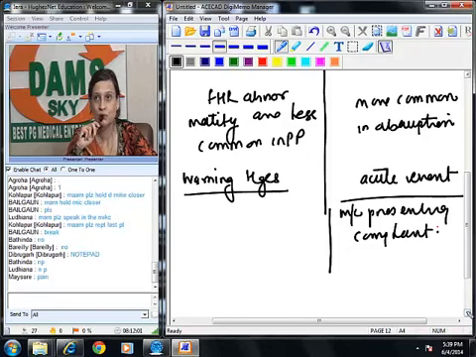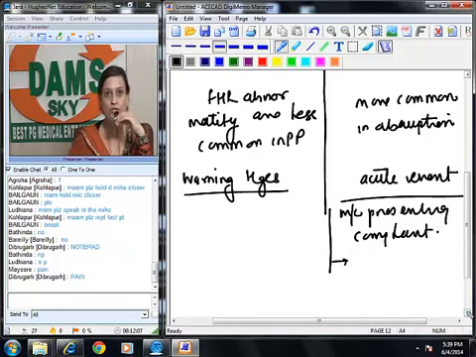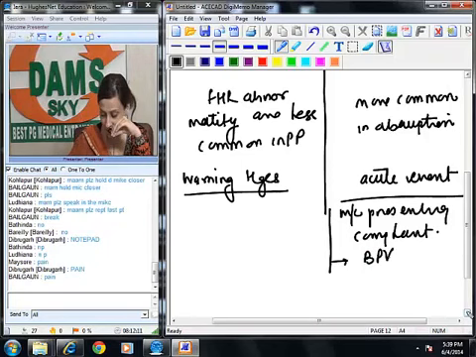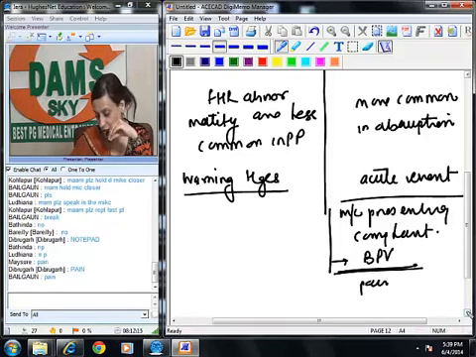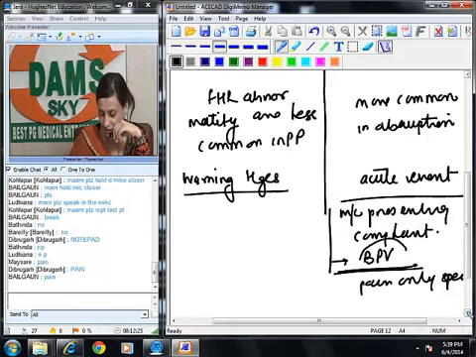Anybody else? Okay. So the most common presenting complaint is going to be bleeding per vaginum and not pain. Pain is only specific. The majority of patients, even with abruption, present with a history of bleeding per vaginum. So that is the most common presenting complaint.